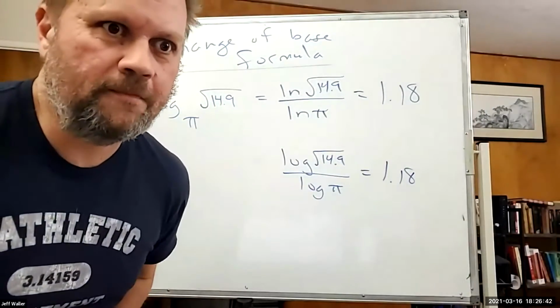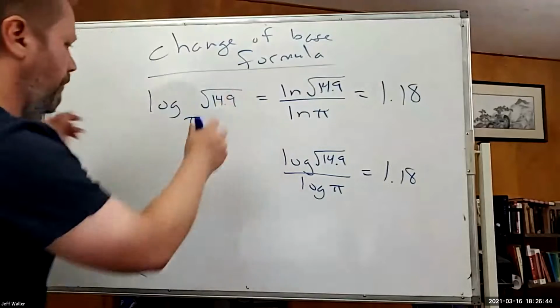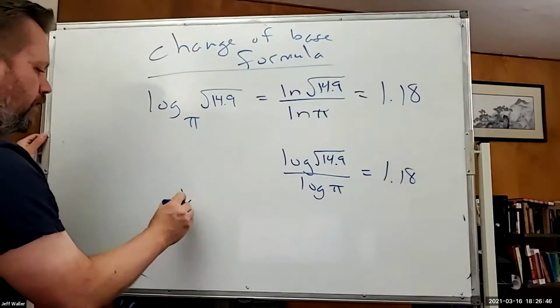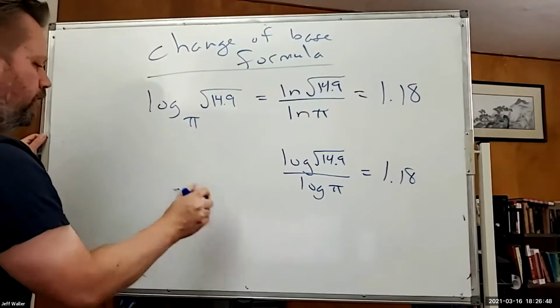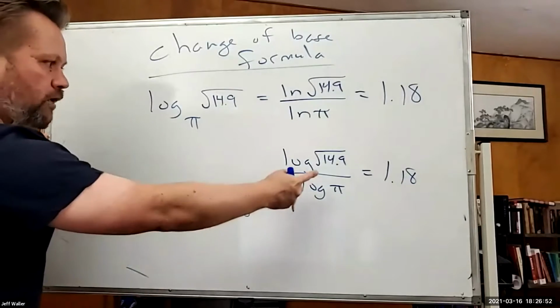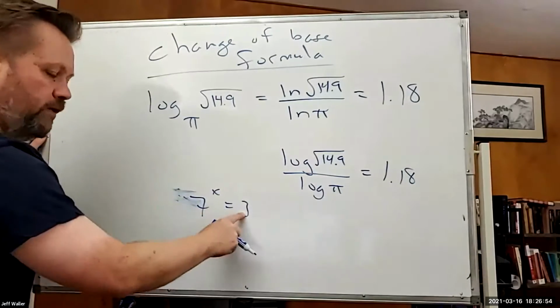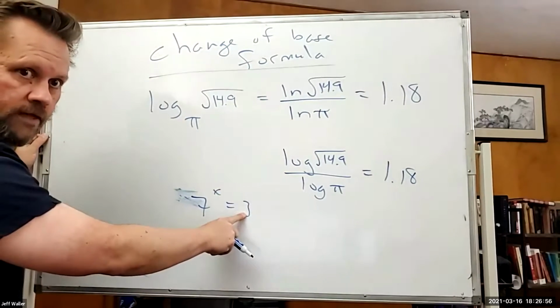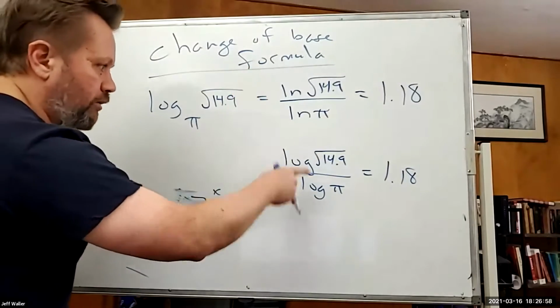Same answer, right? Of course it's the same answer, because remember when we were doing this thing, and I chose to do ln of both sides. Couldn't I have chosen to do log of both sides instead? That's really trippy.